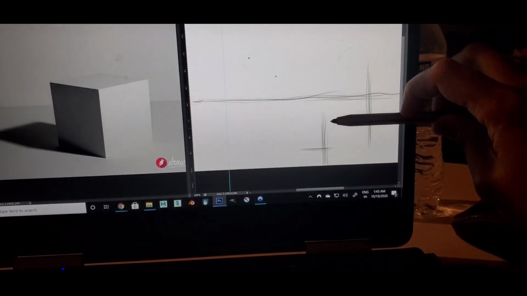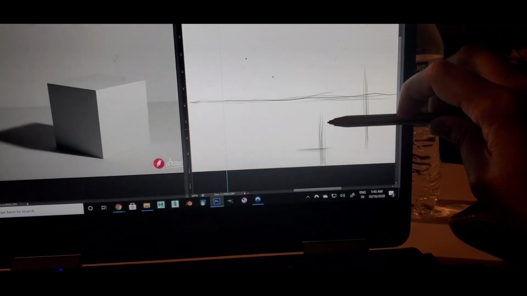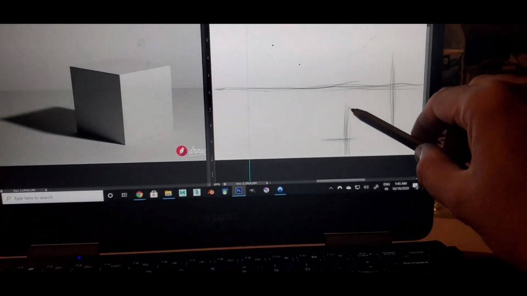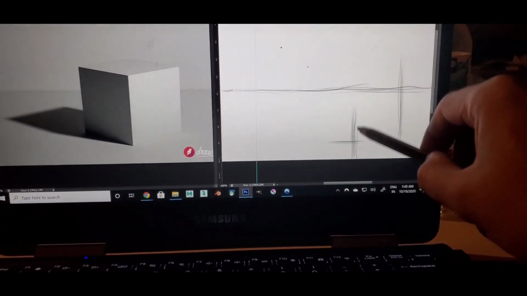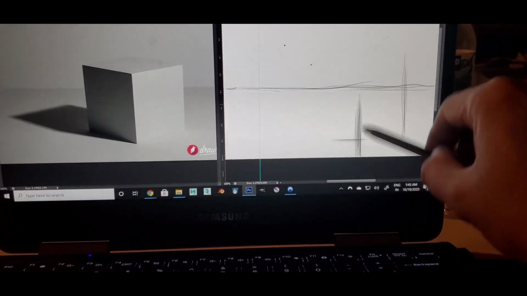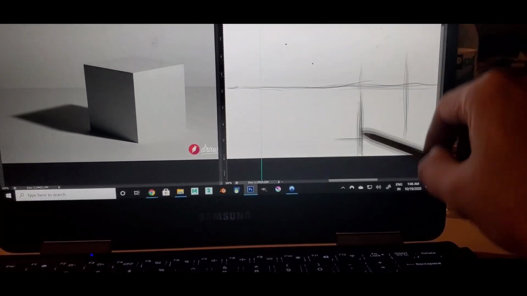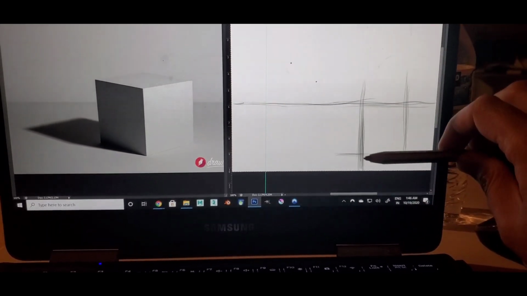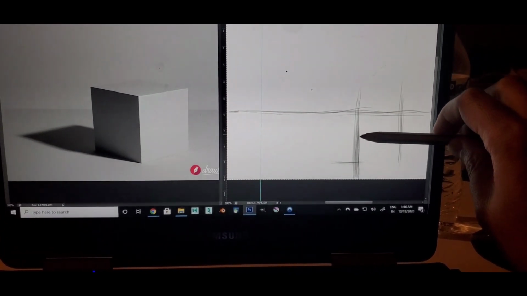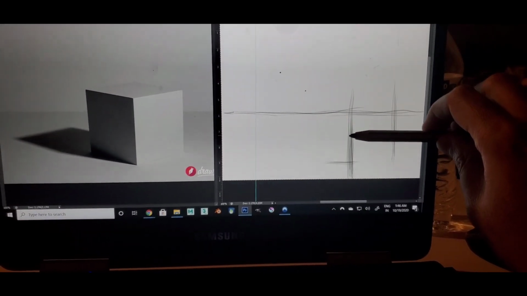See, I have to push the line a little towards my right. So here it is. Okay, be as rough as possible and as light as possible, so it's easy to clean up later.